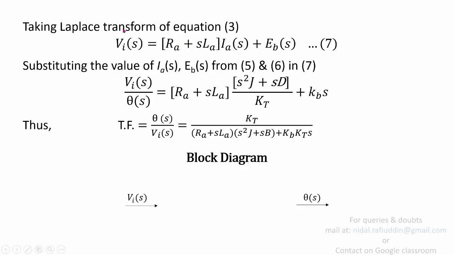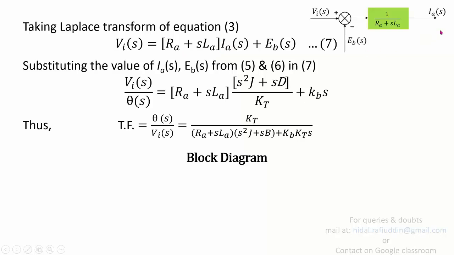So from this expression, you can obtain the current IA by subtracting EB from VI. If you subtract VI minus EB and divide this by the expression RA plus SLA, this will give you IA. So we can obtain the block in this form.